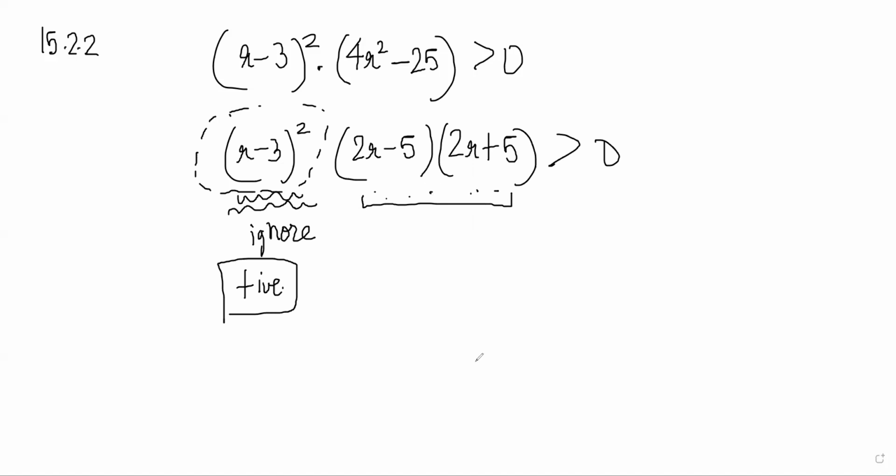Yeah. So just do the wavy curve on these two, you'll have to write minus 5 by 2 and 5 by 2, right? So when is it positive? When is it negative?